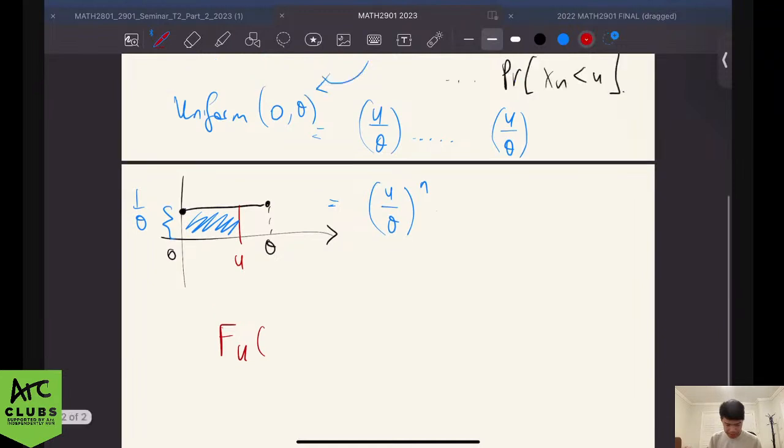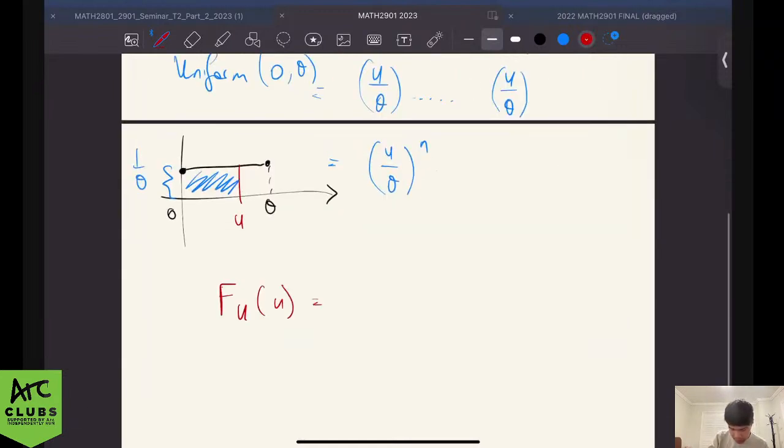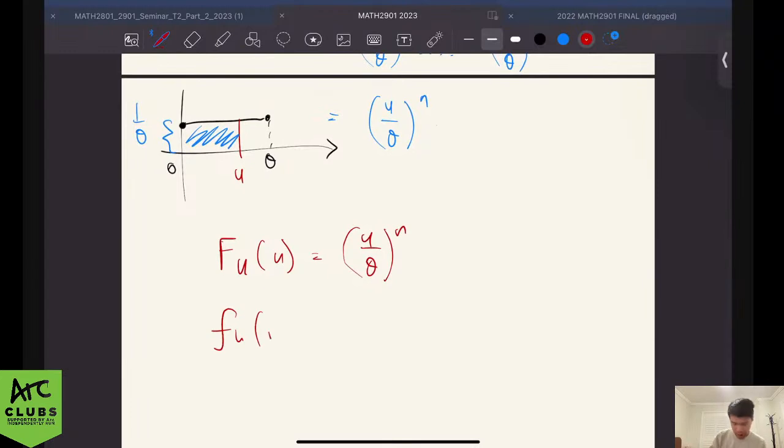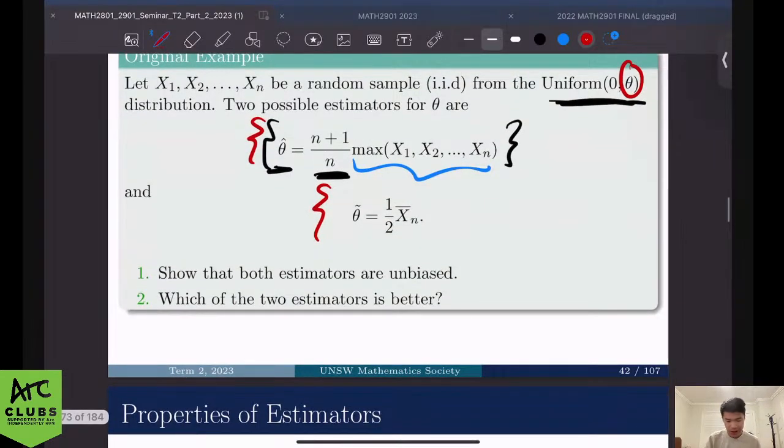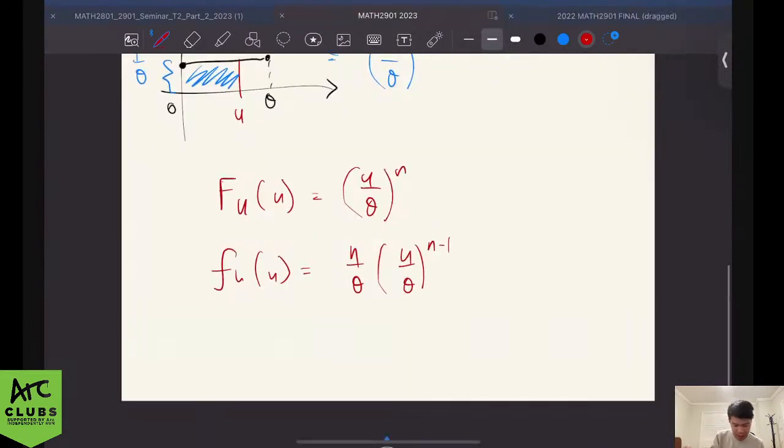Cool. All right, so you've calculated the CDF, and we know that the CDF is pretty hard to use, just in general, because you can't calculate expectations using the CDF usually. So what you do is you try to differentiate this to get the PDF. Yep. And then you calculate the expectation by your standard procedure.